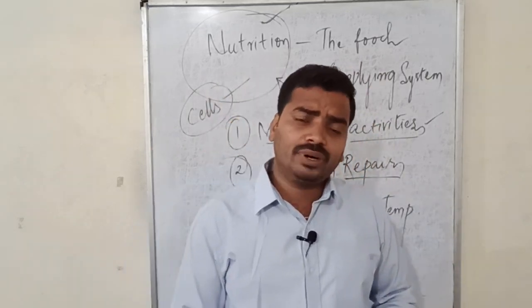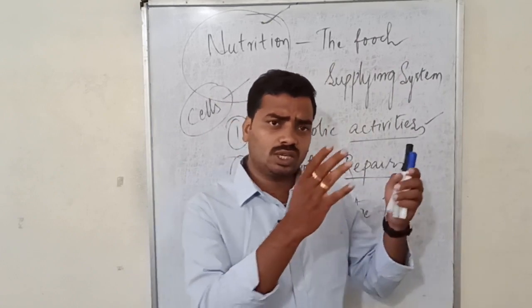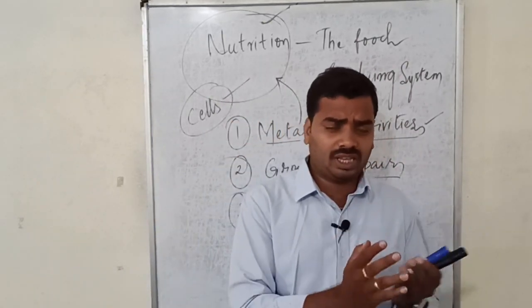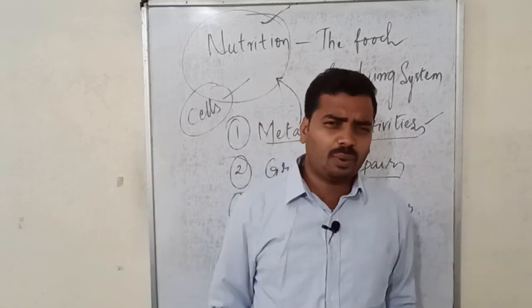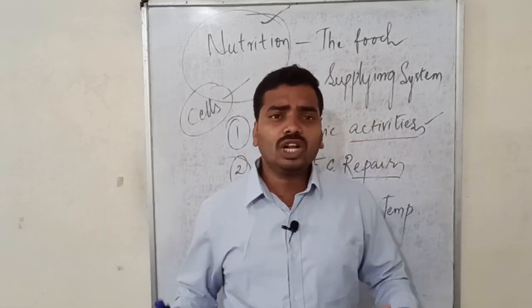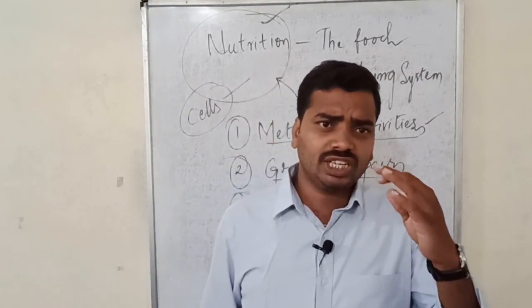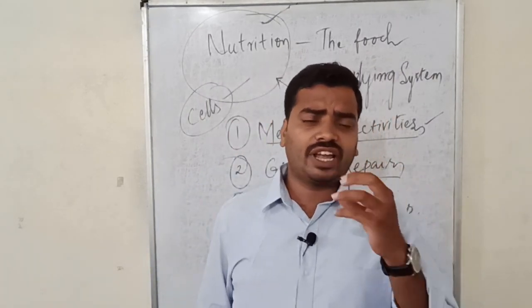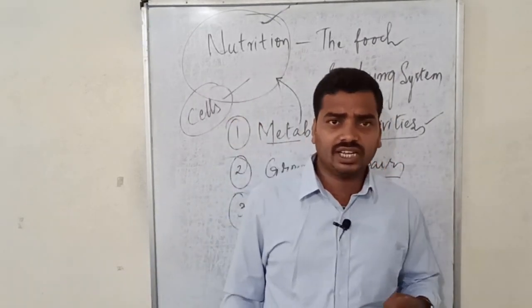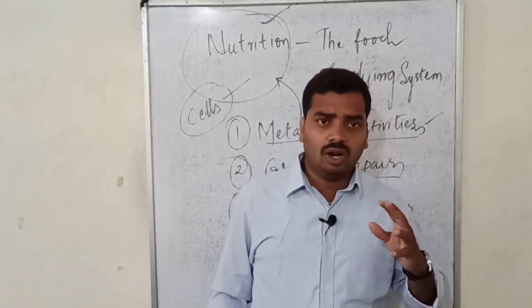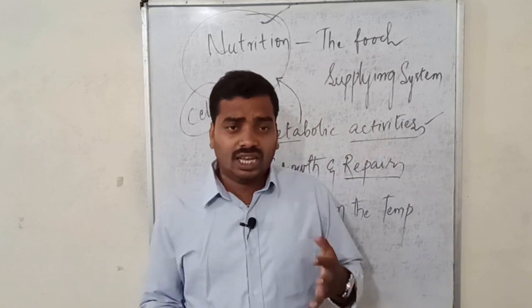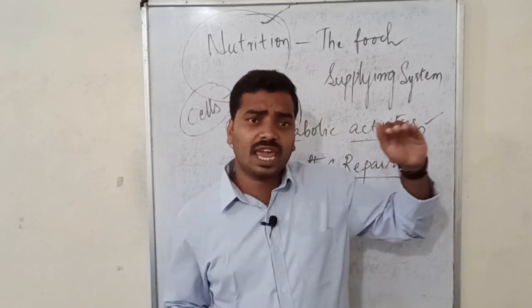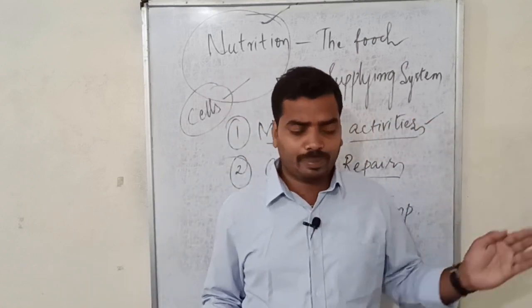Remember, when a person is alive, whether it is winter, rainy season, autumn, spring, whatever it may be, the temperature of the body will be maintained constantly at 98.4 Fahrenheit. But whenever a person is dead, his temperature will be the same as the environment temperature.